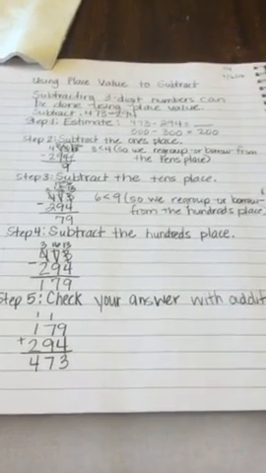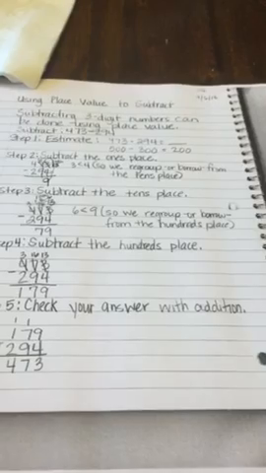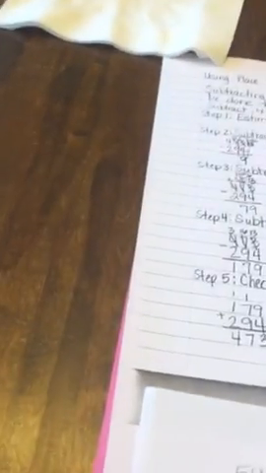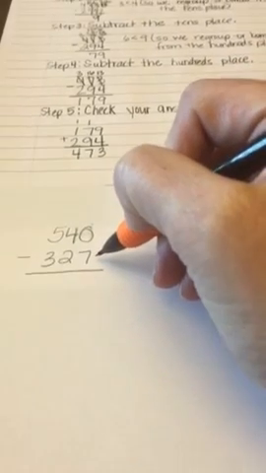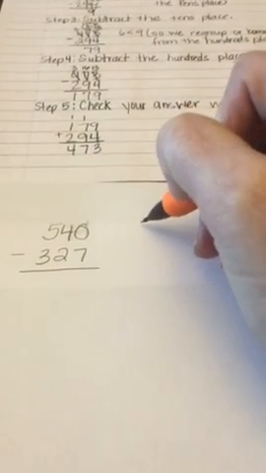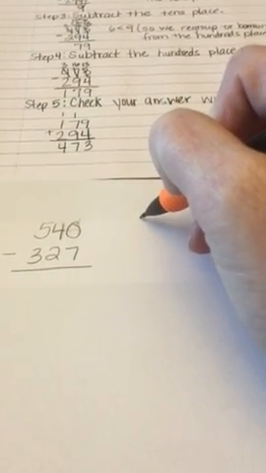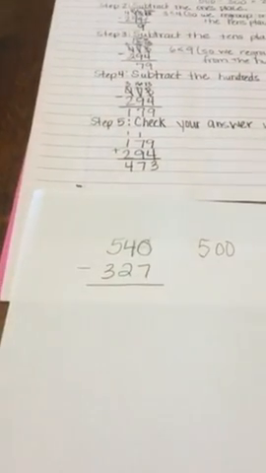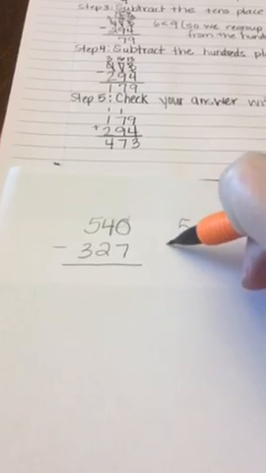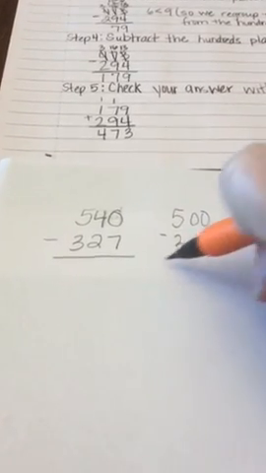Let's try another one together so you can see how I walk through these steps. So step 1 is to estimate, and my problem is 540 minus 327. So 540 would be closer to 500, and 327 would be closer to 300.